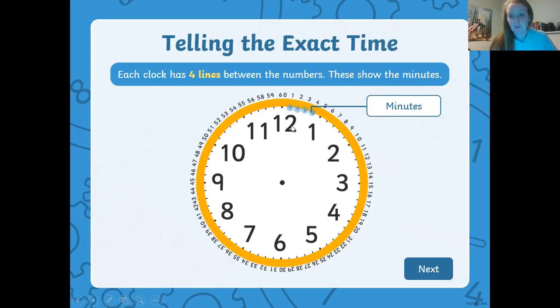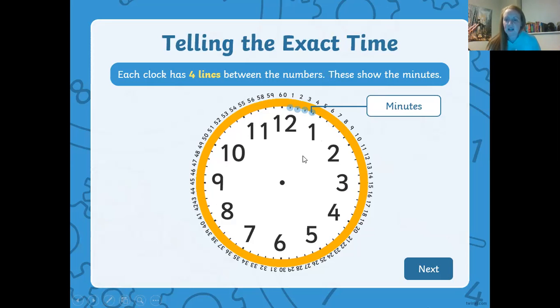And I know that you know, because you showed me in your assessment, that each one of these increments represents 5 minutes. So 5 past, 10 past, 15 minutes past, 20, 25, 30, 35, 40, 45, 50, 55, and back to 60 minutes in an hour.